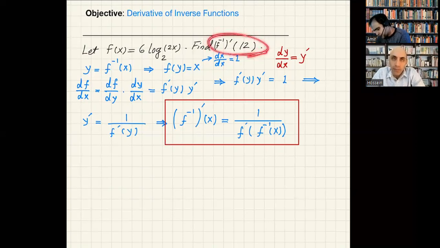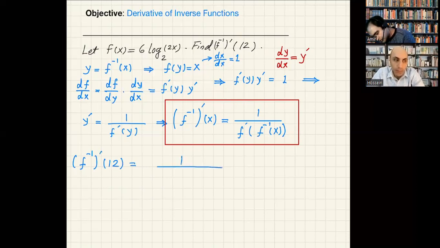So here you want me to obtain this, the derivative of the inverse of f at 12. Using the relation that I just obtained, it's going to be 1 divided by f prime of f inverse of 12.